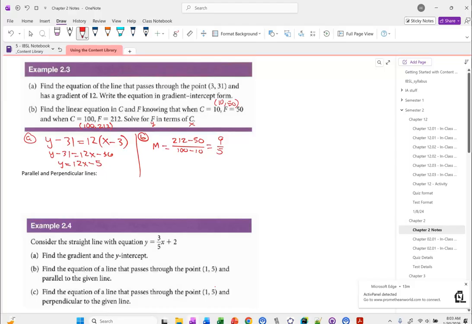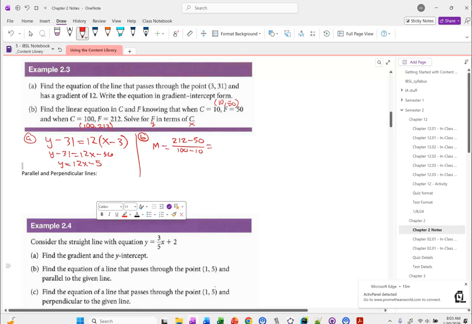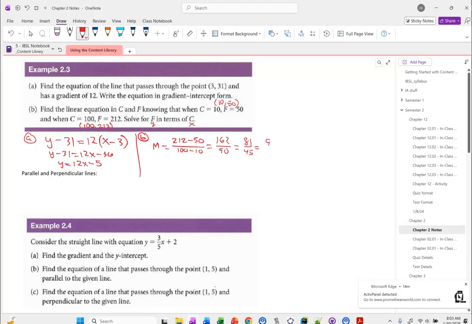Wait a minute. That's 162 over 90. I think, oh, is it the wrong way? So 81 over 45, so 9 over 5.